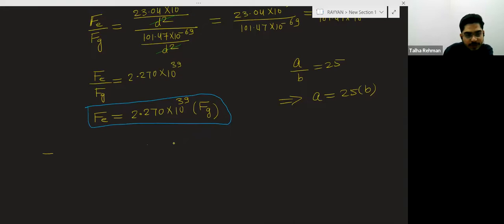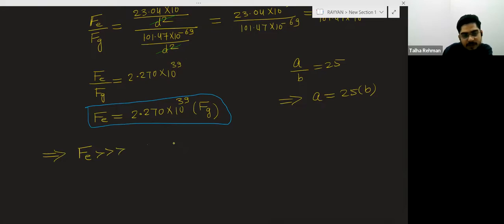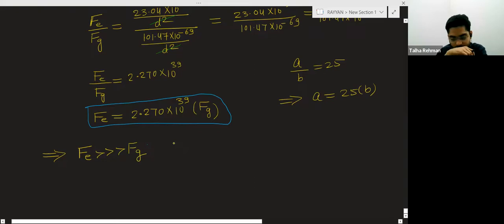So basically you can say that the electric force is much greater than the gravitational force.